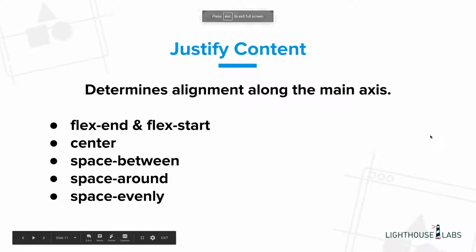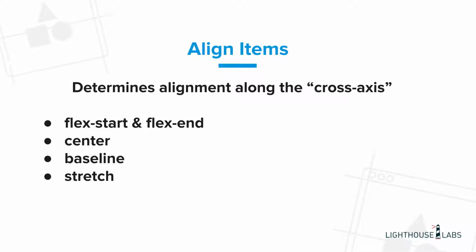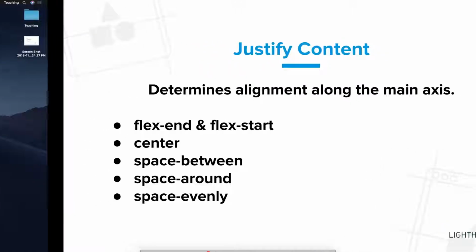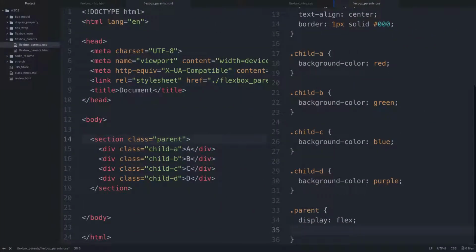So the next property is justify content. And this is how we align our content on basically the main axis. Just like with flex direction, the first thing we'll do is say justify content.